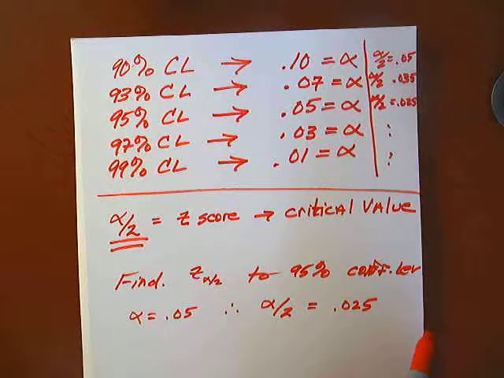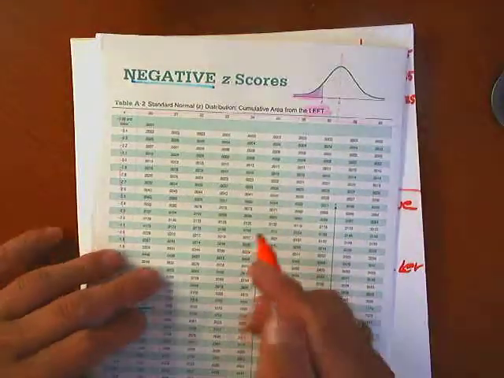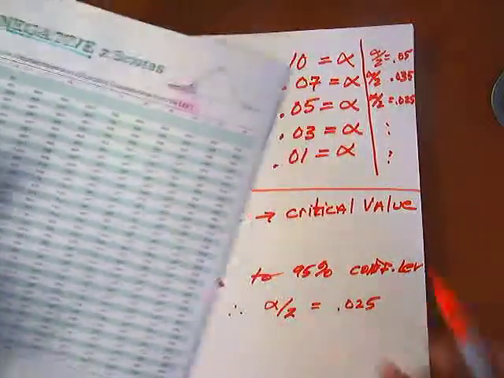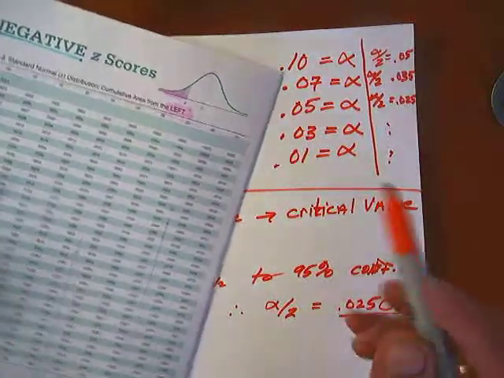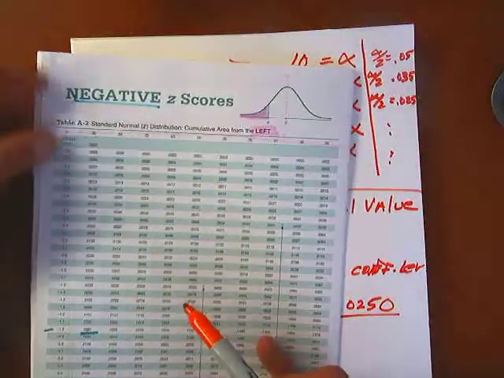Well, that's going to be z sub alpha over 2, 95% confidence level. Alpha is equal to 0.05. Therefore, alpha over 2 is going to be equal to 0.025. Now that 0.025 is going to be, I think, 1.96.